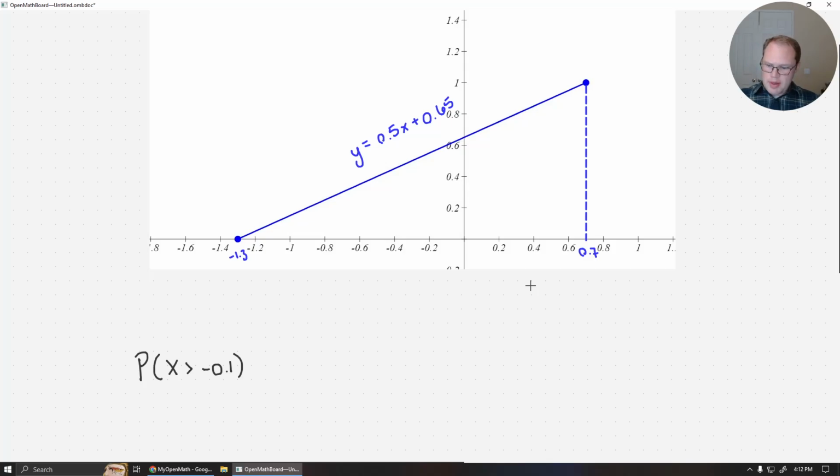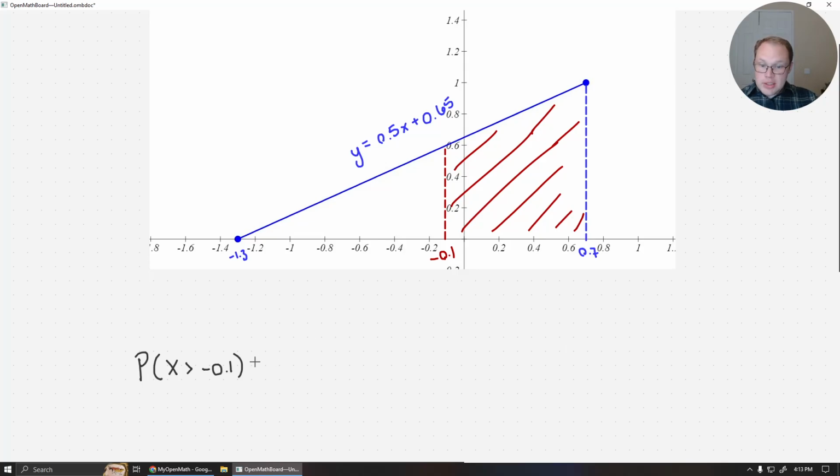So let's start by drawing that out. Okay? So here's negative 0.1, the same value from last time, but now we want the outcomes that are bigger than negative 0.1. So that's over here to the right.